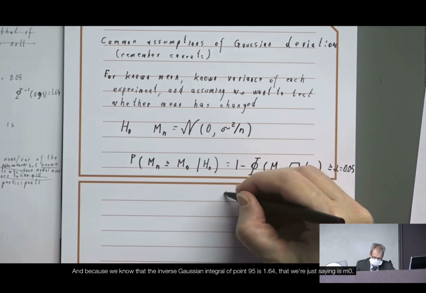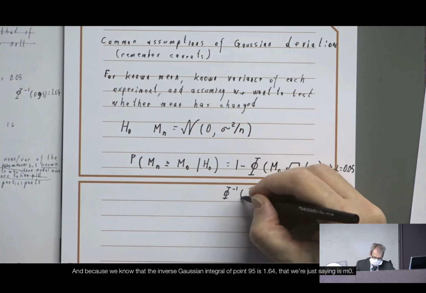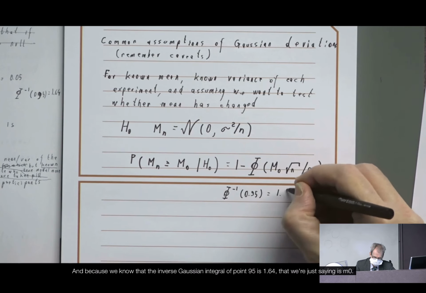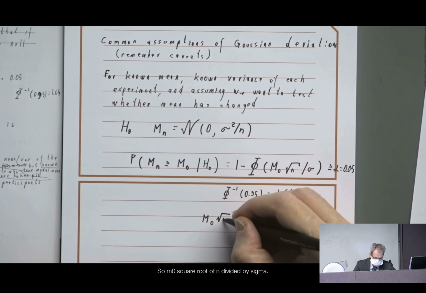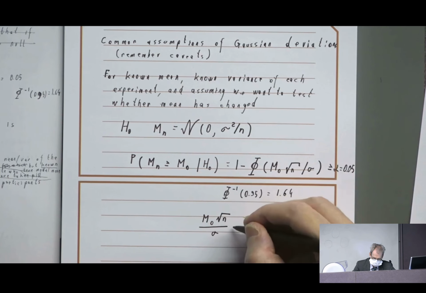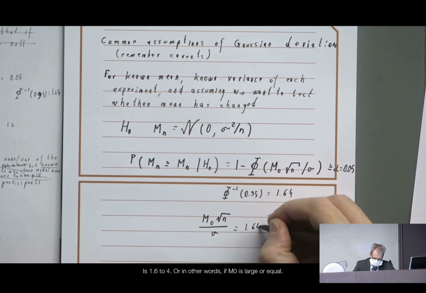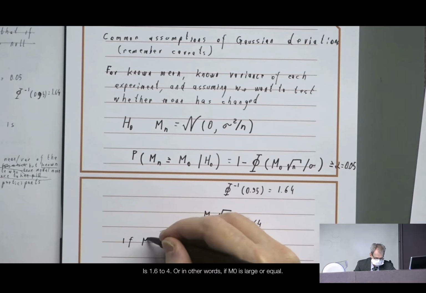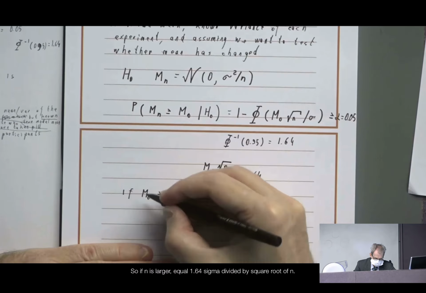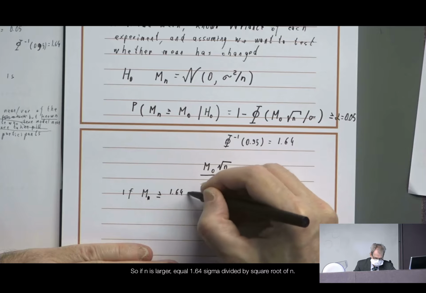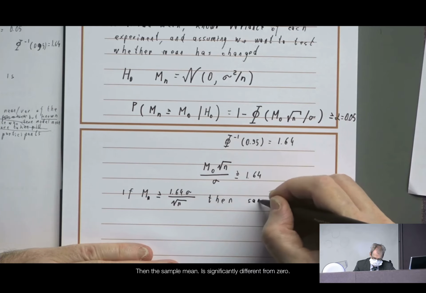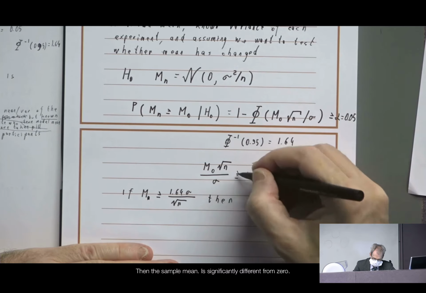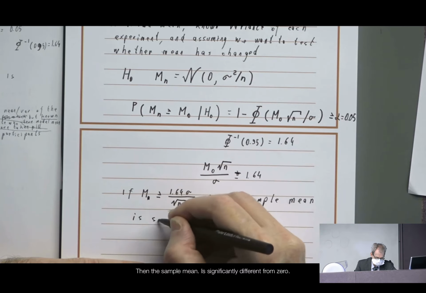And because we know that the inverse Gaussian integral of 0.95 is 1.64, we're just saying, is m0 square root of n divided by sigma 1.64, or in other words, if Mn is larger or equal 1.64 sigma divided by square root of n, then the sample mean is significantly different from 0.